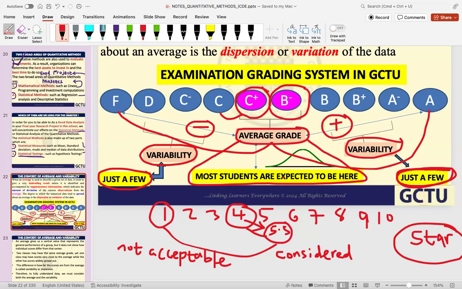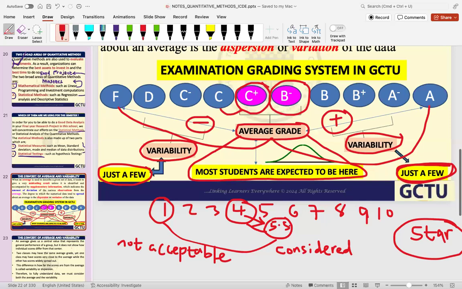Variability. If I give you a job and I'm expecting 5.5 million and you hit 10 million, I'm happy with you and I'm surprised at the same time. If I also give you 5.5 million target and you end up getting 1 million, I'm annoyed and I'm surprised at the same time. So both extremes are not good.